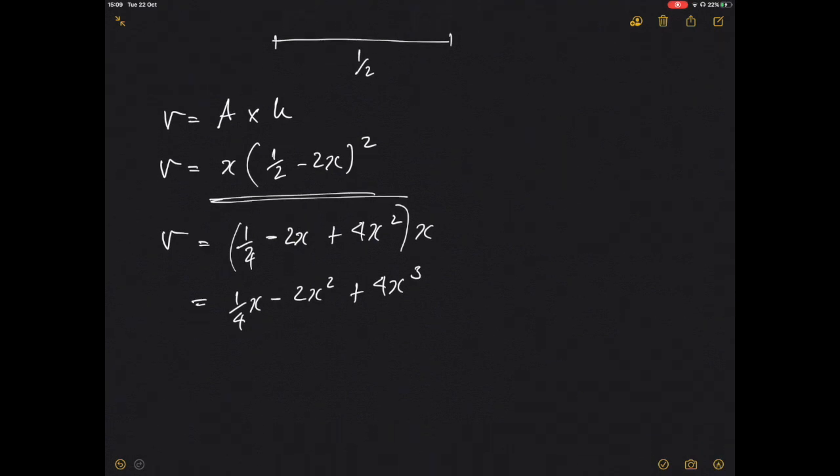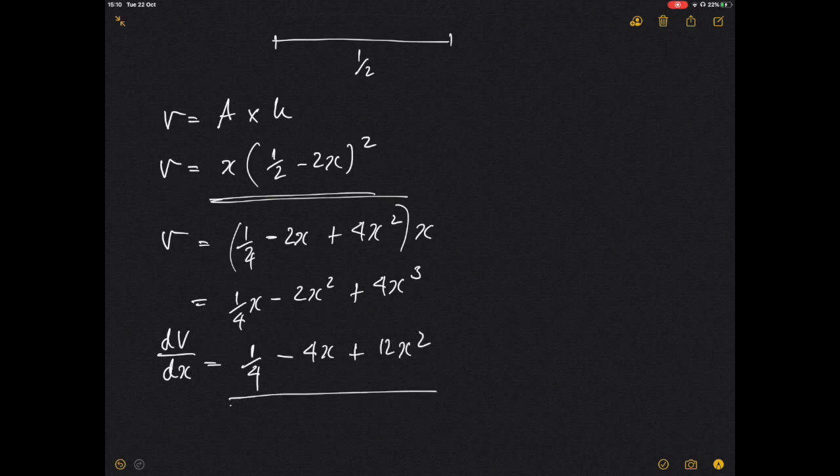And then we can say that our dV by dx equals, where we differentiate this and we get a quarter minus 4x plus 12x squared.